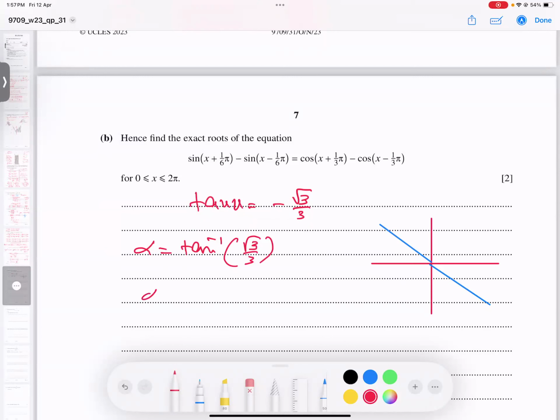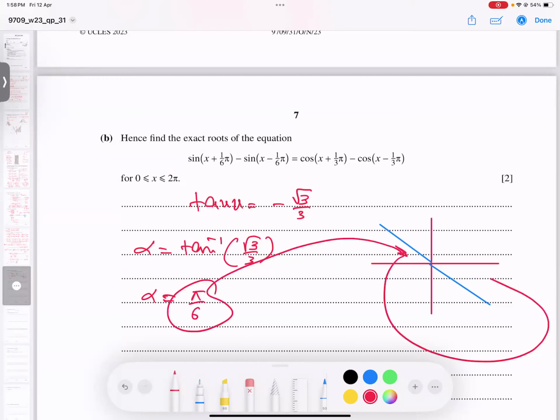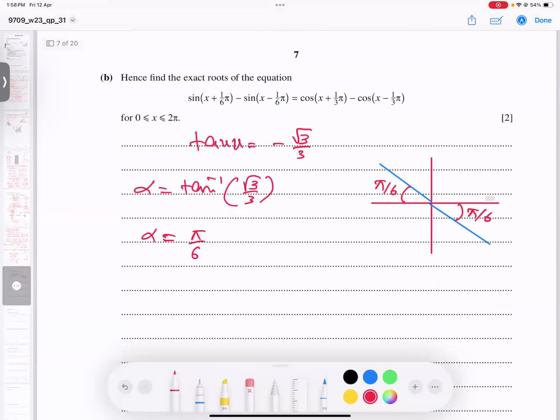When I type it in the calculator, it gives radian format once again. It is giving pi by 6. So the principal angle is pi by 6. So this angle between the blue line and the x-axis, I will make pi by 6 and pi by 6.